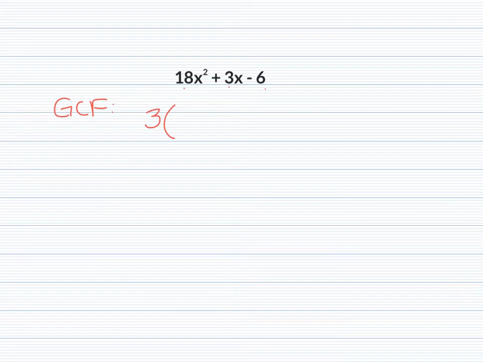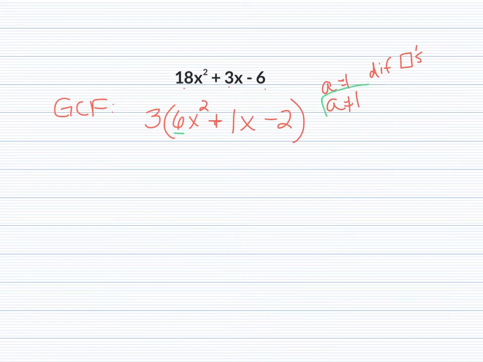And when I divide by 3, I'm left with 6x squared plus, I'm going to put a 1 there, though you don't have to, 1x, and then minus 2. Okay, so is a equal to 1, a not equal to 1, or a difference of squares? In this case, I can see that a is not 1.